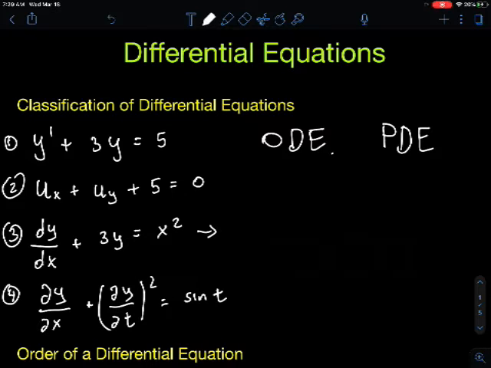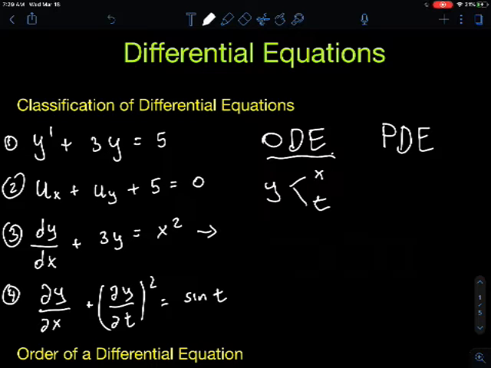In ODEs we have differential equations where the main function that we're looking for depends on only one variable. So we can have a function like y that depends on only one variable, either x or t.